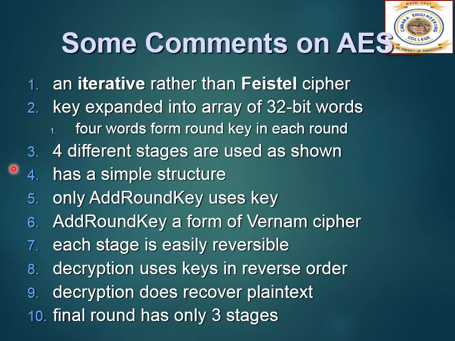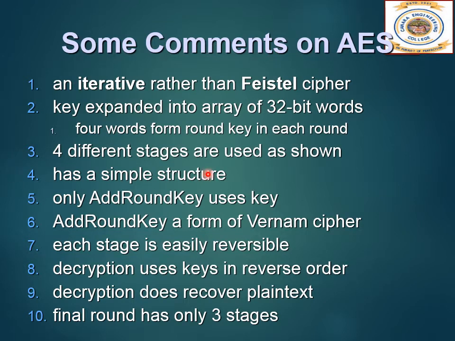Shift rows is a simple permutation. Mix column is a substitution that makes use of arithmetic over GF of 2 to the power 8, which we have learnt in module 1. Then add round key is a simple bitwise XOR of the current block with a portion of the expanded key.